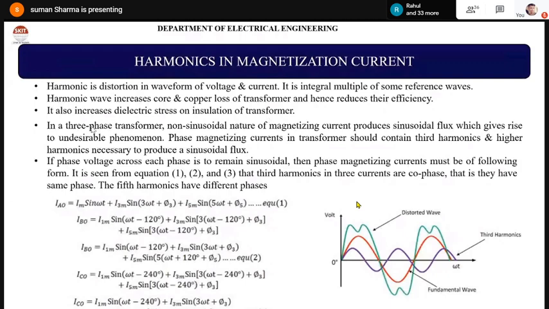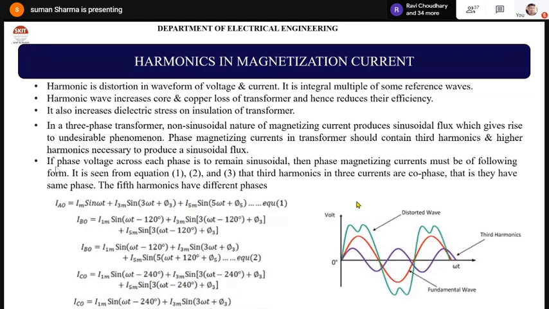In three-phase transformer, the non-sinusoidal nature of magnetizing current produces the sinusoidal flux, which gives rise to undesirable phenomena. Phase magnetizing current in transformer should contain third harmonics and higher harmonics necessary to produce a sinusoidal flux.